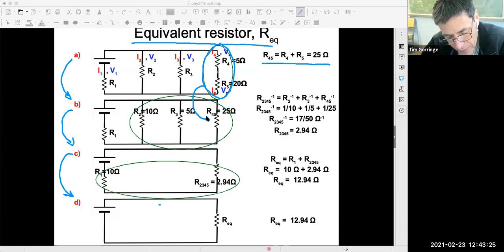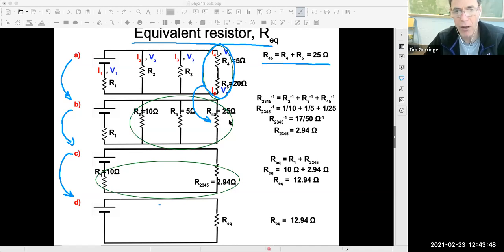And I redrew the circuit in B, replacing the 2 resistors R4 and R5 with their equivalent resistor R45, the 25 ohm resistor. And so that's what I've got now in part B.